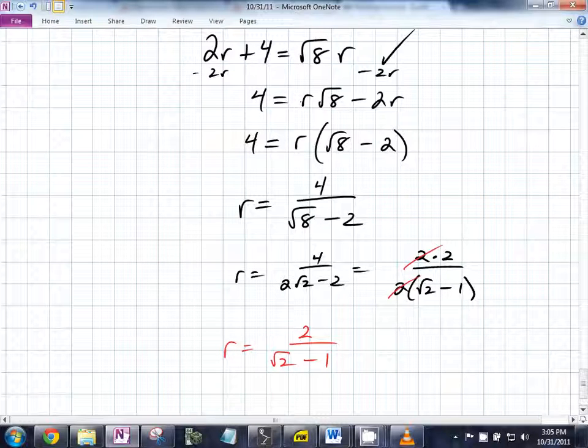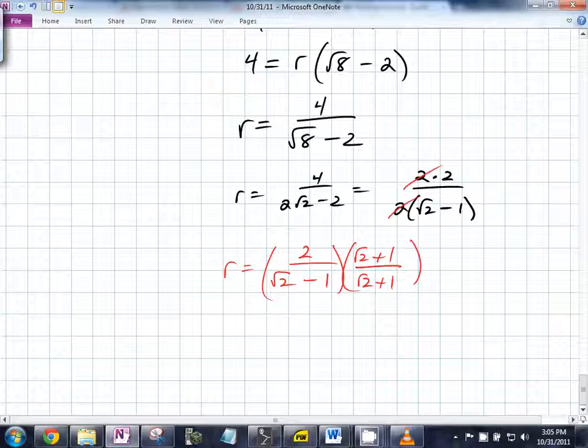Anybody want to take a guess as to what we multiply this by? Good guess. Almost. Yeah, root 2 plus 1 over root 2 plus 1. If you do that, what does the top become? 2 root 2 plus 2. What's root 2 times root 2? 2. Okay, hold on.